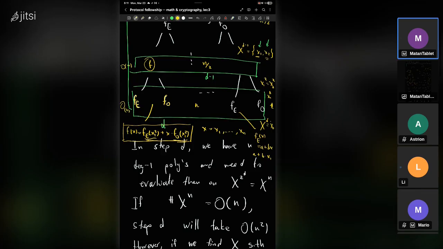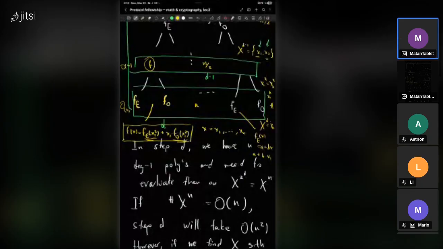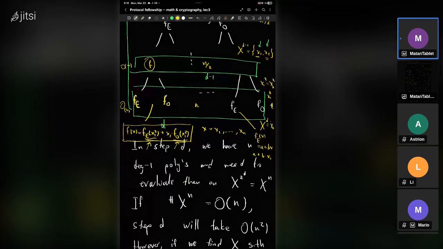Yes, you follow? And then what I need to do is basically two operations. I have this from the previous step, and I need to do x1 times this plus the Fe of x1 squared.